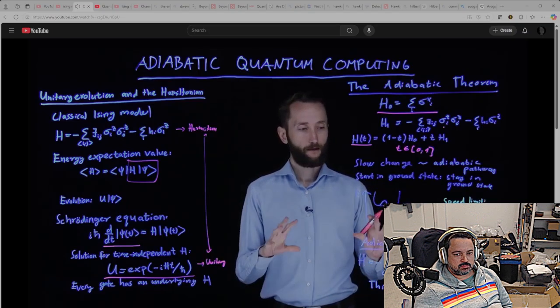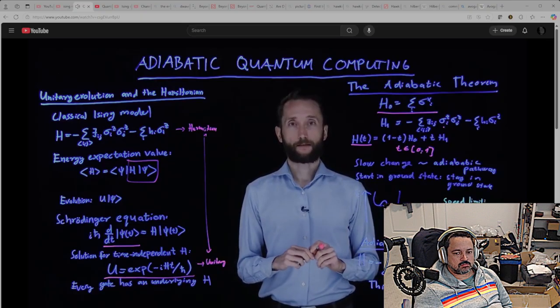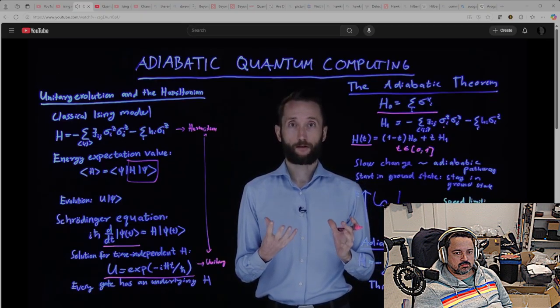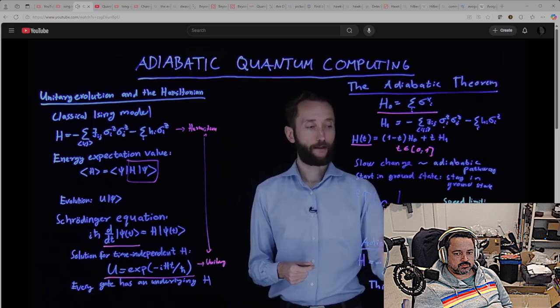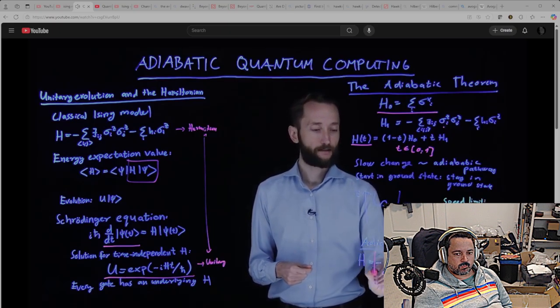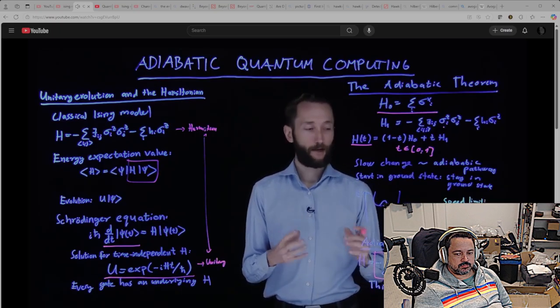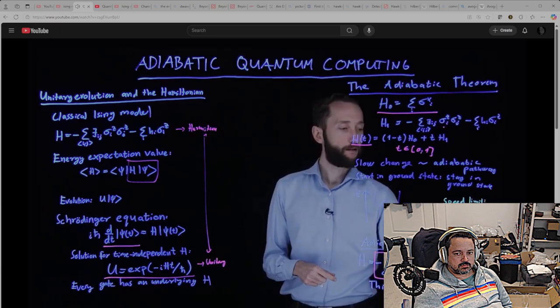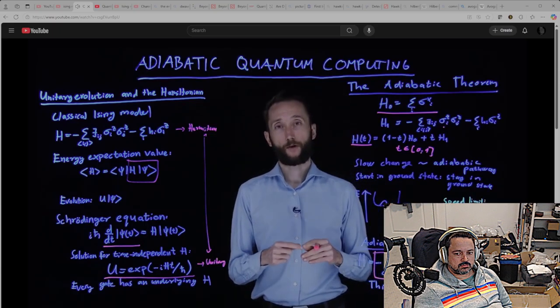So we can use this to perform universal calculations. That's called adiabatic quantum computing. In this case, the Hamiltonian has this part, which is just your classical Ising model. And we have to add one more term, which is an interaction between transverse fields.